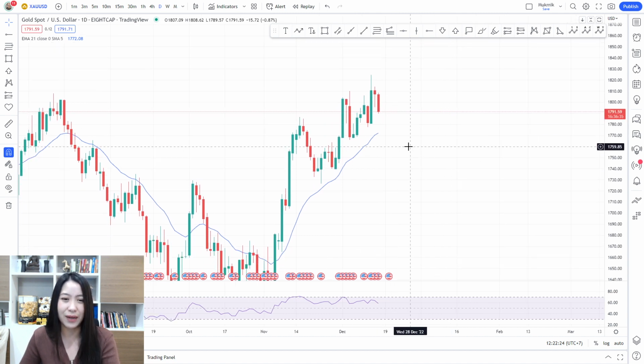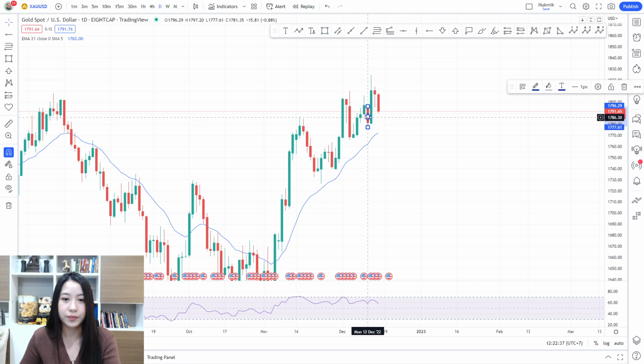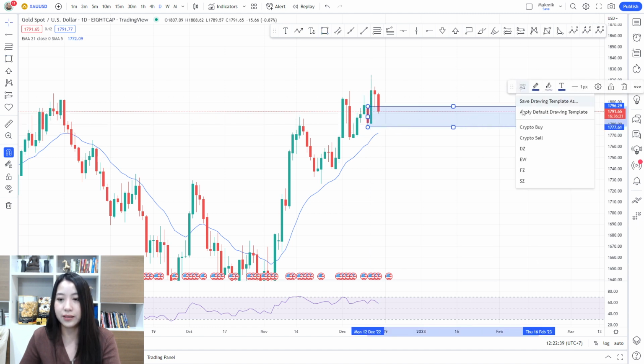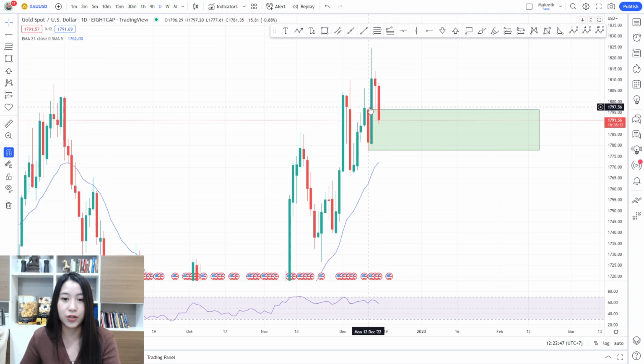Do we have a demand zone or a supply zone that is pretty significant? Let me see. Okay, we do have this demand zone, which is the zone for the daily time frame. However, this zone is pretty weak at the moment because yesterday it was used once.